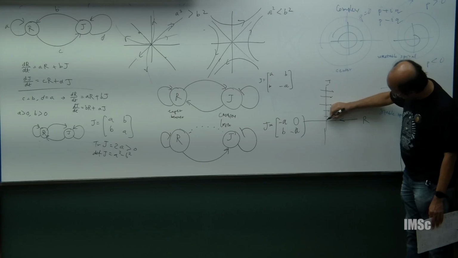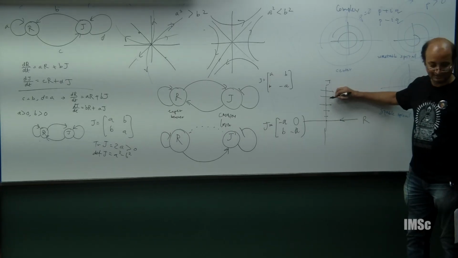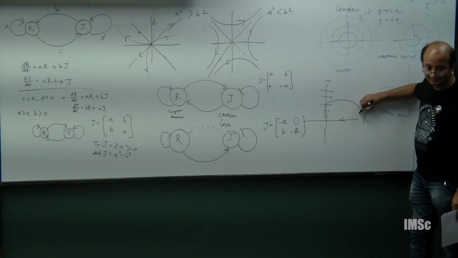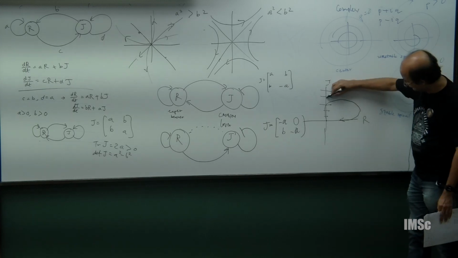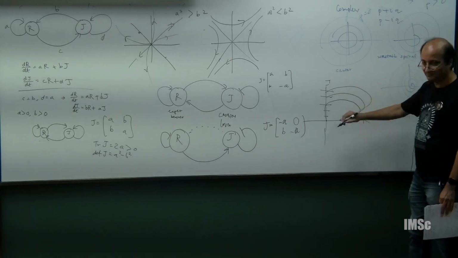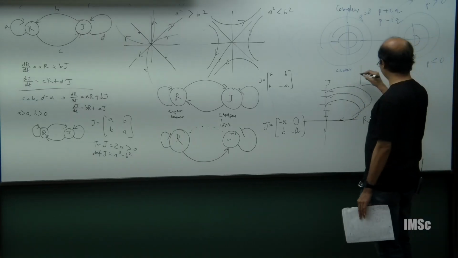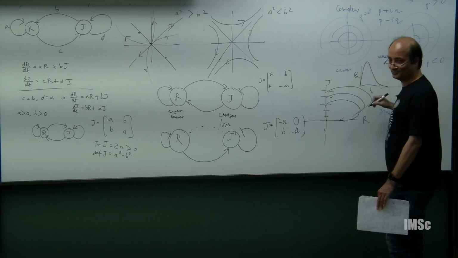So what you will see is that starting from absolutely 0, if there is any signal from J, there is an initial flow to the positive side before it goes back. So there is a transient behavior, an initial transient growth which then falls. If you look at Romeo's love, it rises like this before going back.